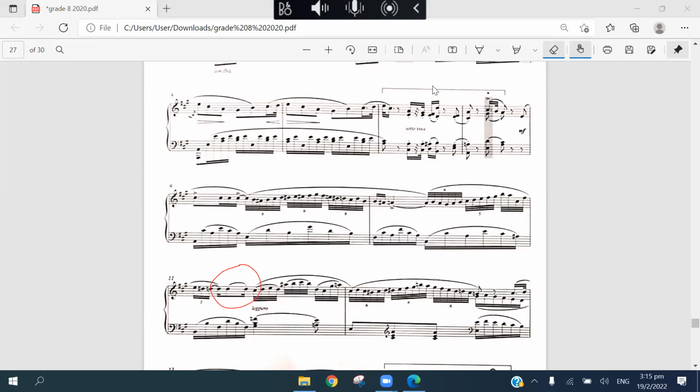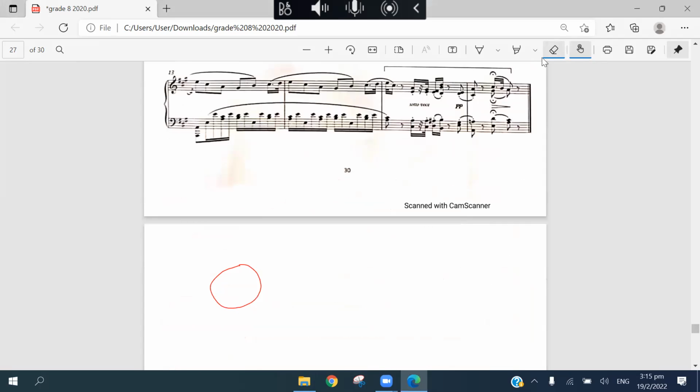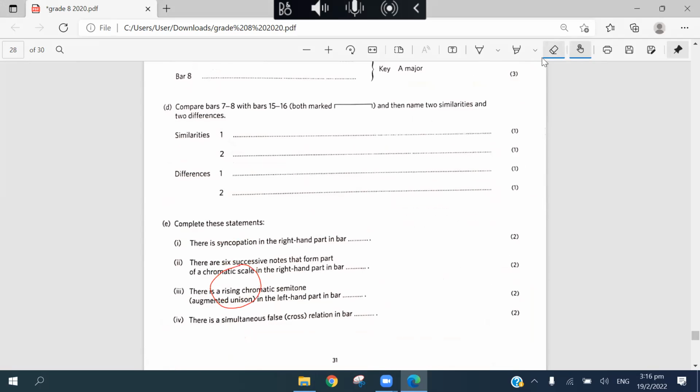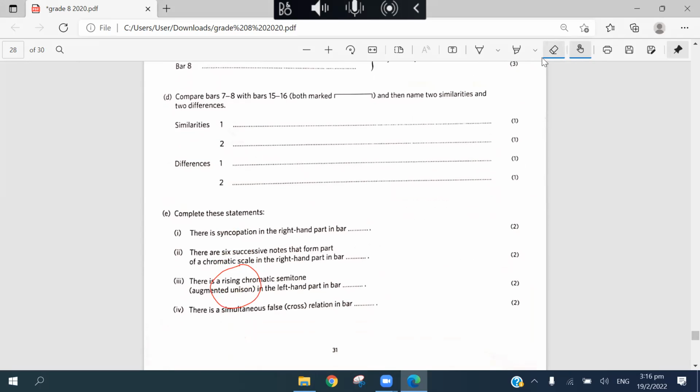Okay, so this is called syncopated rhythm. The next one, there are 6 successive notes to form a chromatic scale in the right hand part in bar what?